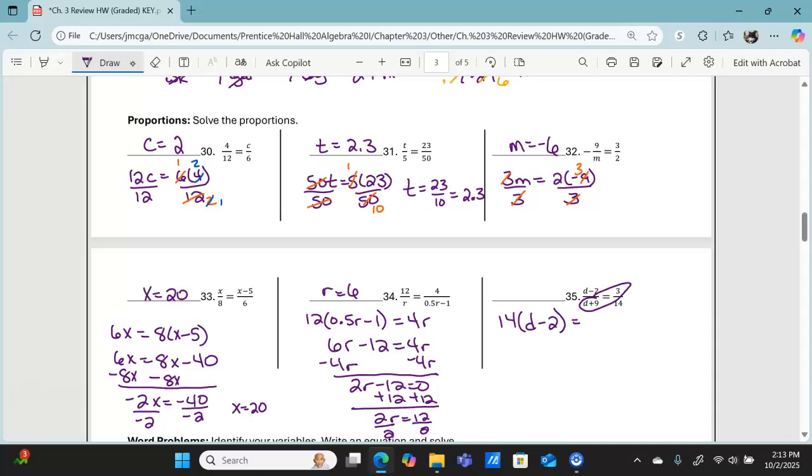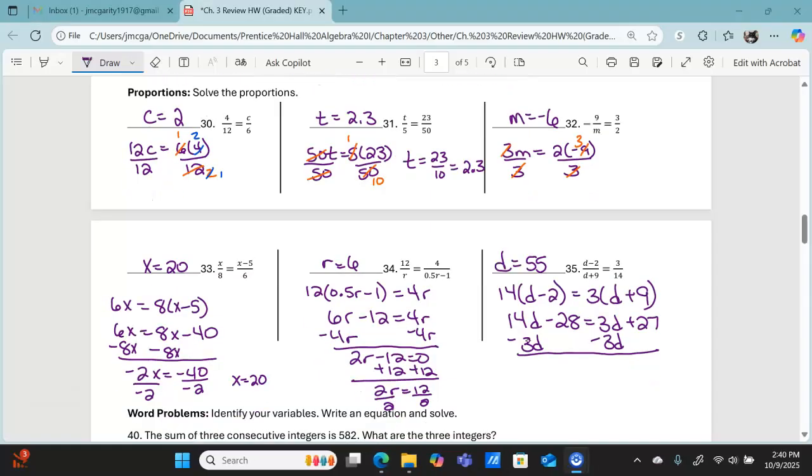And then when I do this, I'm going to have 3 times the quantity d plus 9. So using my distributive property, I get 14d minus 28 equals, over here, 3d plus 27. So I'm going to subtract 3d from both sides. So 14d minus 3d is 11d.